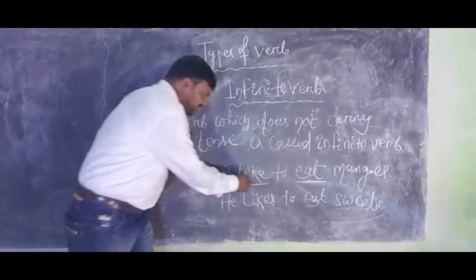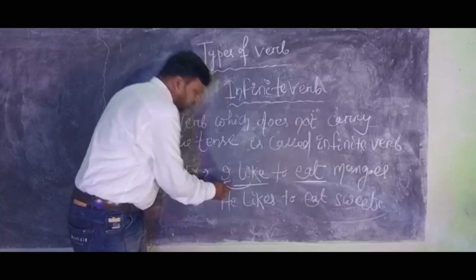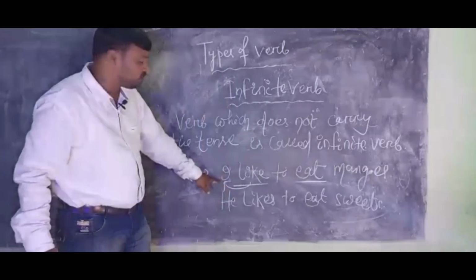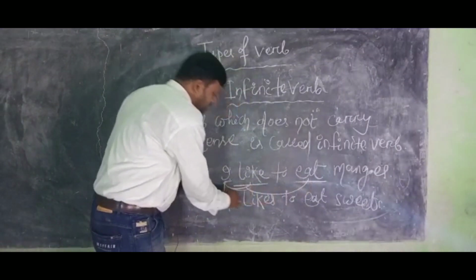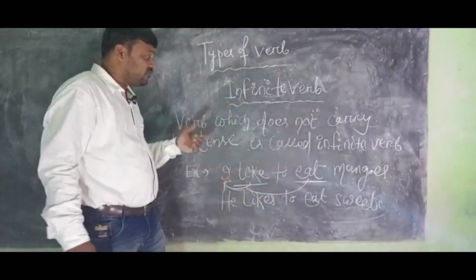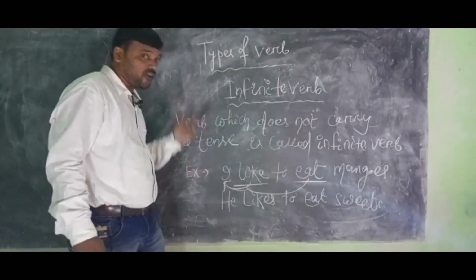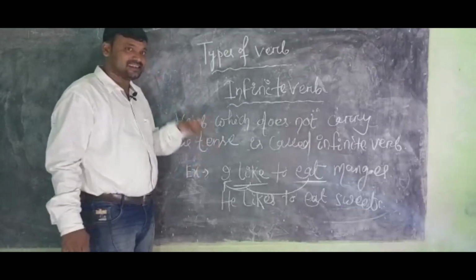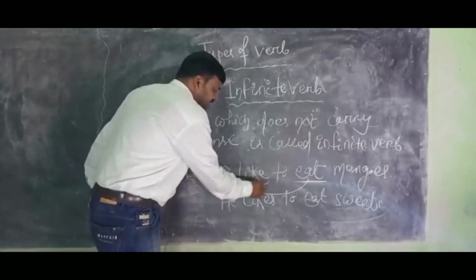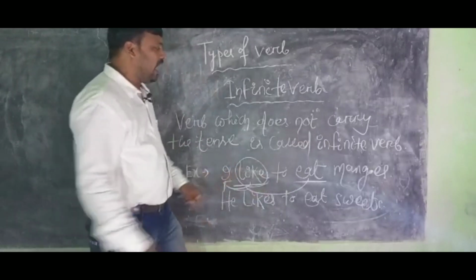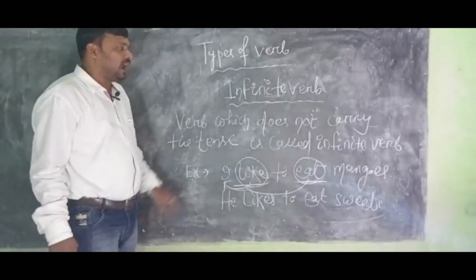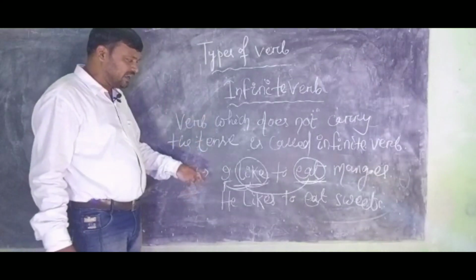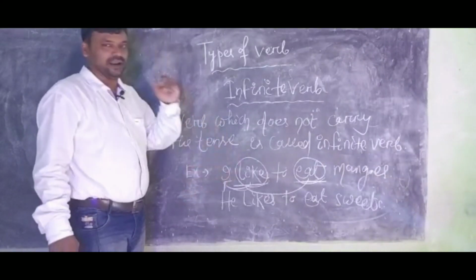So here the like is in agreement with the subject, but eat is not in agreement with the subject. And the verb which is in agreement or the verb which carries the tense is called your finite verb. And here like is your finite verb and eat is your infinite verb. And let's have another example. He likes to eat sweets.